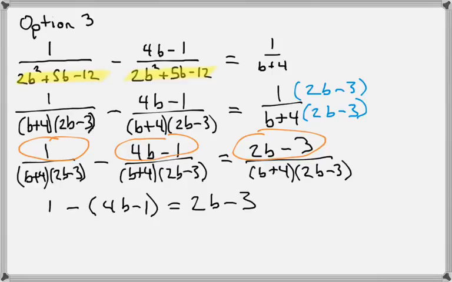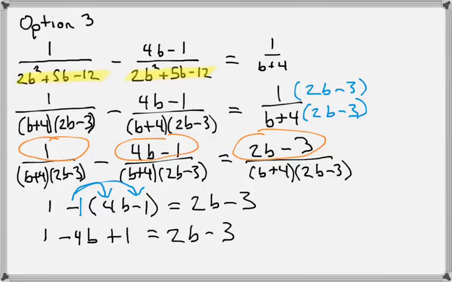And from here, we can go ahead and distribute that negative sign to get rid of the parentheses. That negative is essentially a negative 1 that's going to be distributed. So we get a 1 minus 4b plus 1 is equal to 2b minus 3.